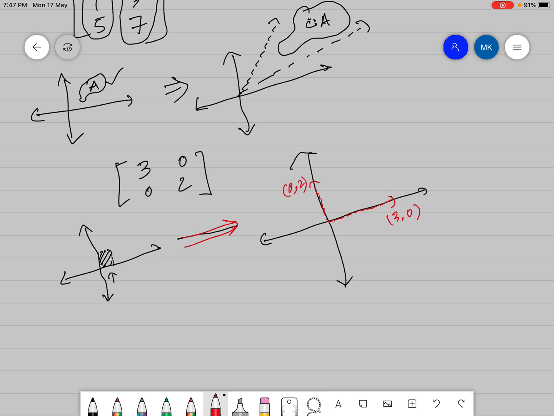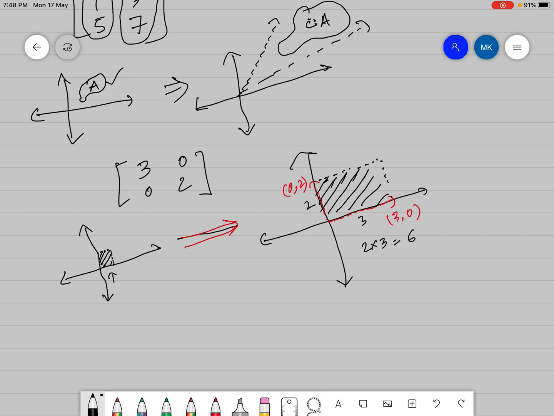Now the area bounded by this transformed I cap and J cap is stretched or scaled by a factor of 6. 2 into 3, this is 3 and this is 2, this is 6.